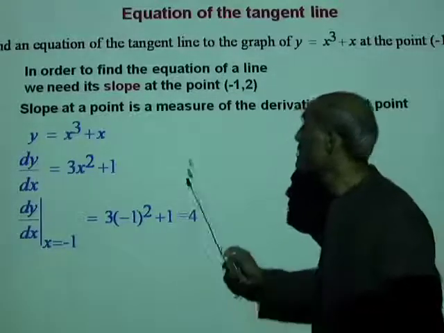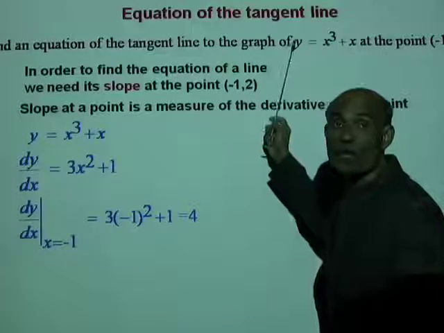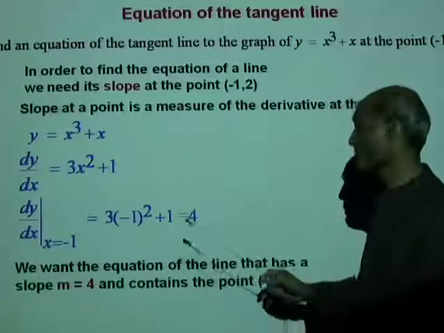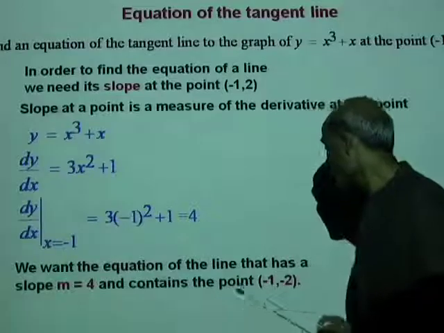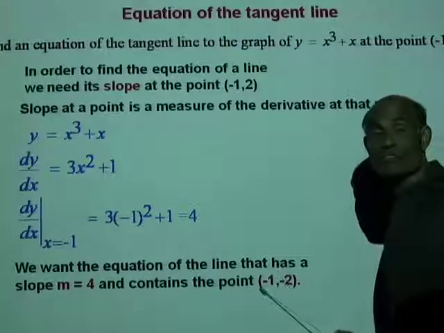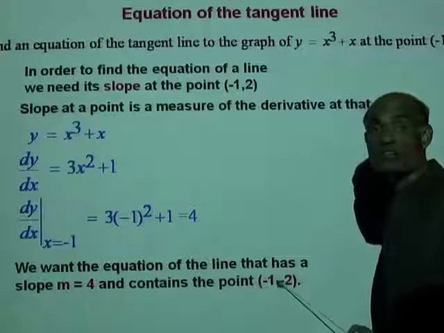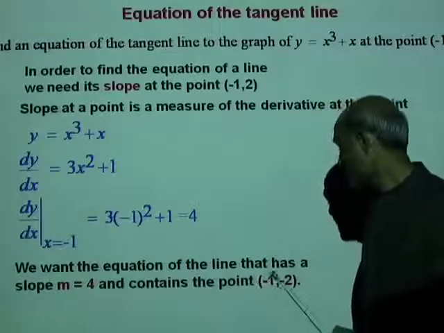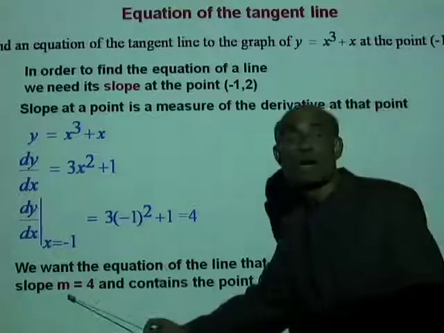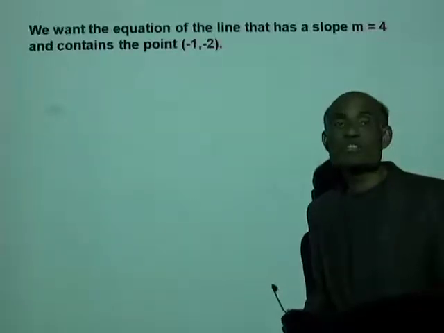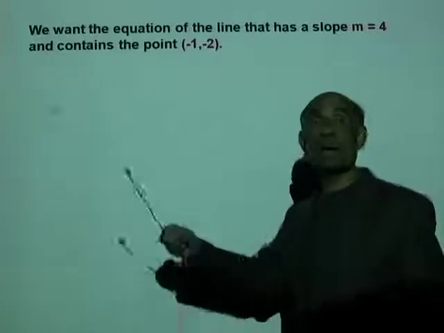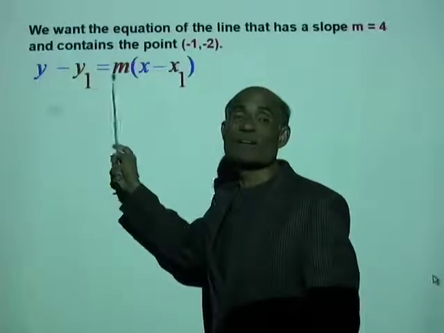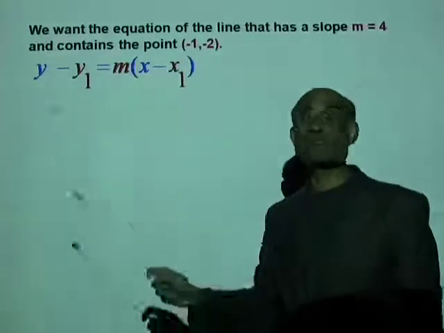That means the slope of the tangent line at x equal to -1 of the graph of this function is 4. And therefore, we've got m equal to 4, and the point where we want the equation of the tangent line is -1, -2. That means this point is on the tangent line. x1 is -1, y1 is -2, m equal to 4. What is the equation of the tangent line that has the slope m and passes through a point x1, y1? Y minus y1 equal to m times x minus x1.